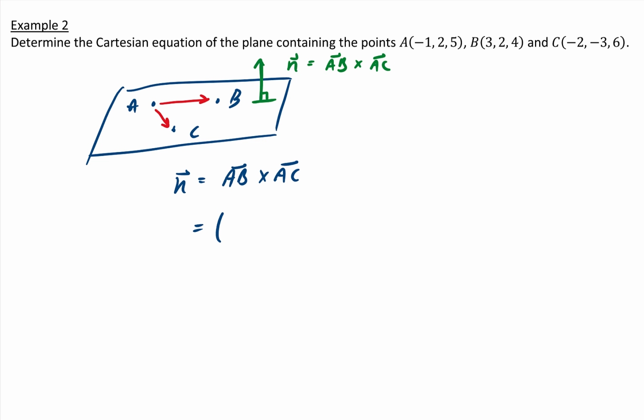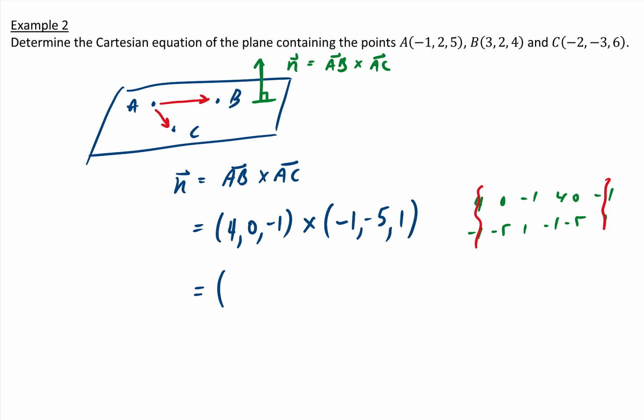Our components for AB, so it's going to be OB minus OA, is going to be 4, 0, and -1. And I'm going to cross that with the components of AC, so that's OC minus OA. So that's going to be -1, -5, and 1. Next up is determine our cross product.